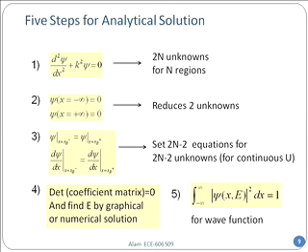That will reduce the number by 2. And then we will use the continuity of the function and the derivative of the function to get 2n minus 2 equations. And then we'll take the determinant. And finally, we'll calculate the wave function. So let's see how it works. It looks like a very complicated thing, but you will realize in a second how it works.